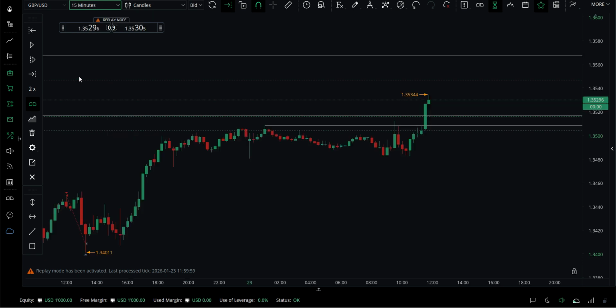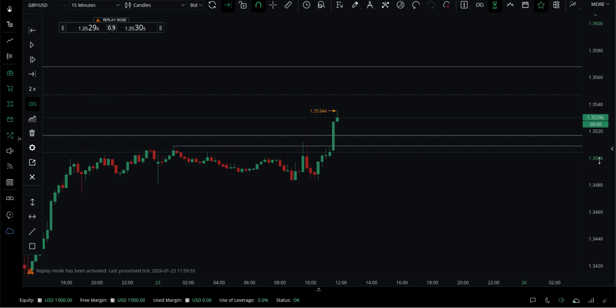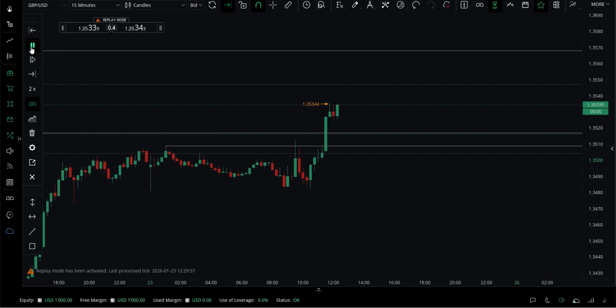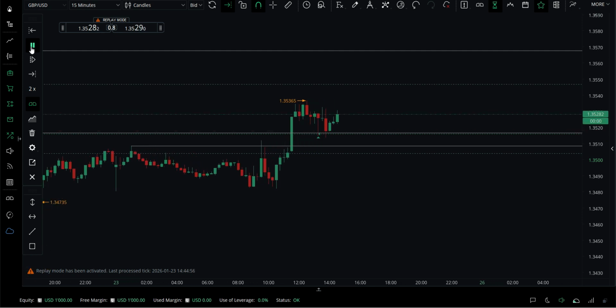I'll scale down to the 15 minutes chart since that's what we use to frame the setup, and see what happens for us. We are triggered.